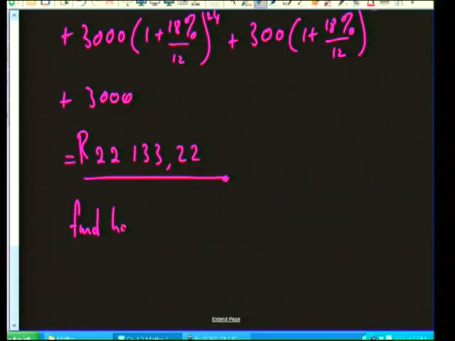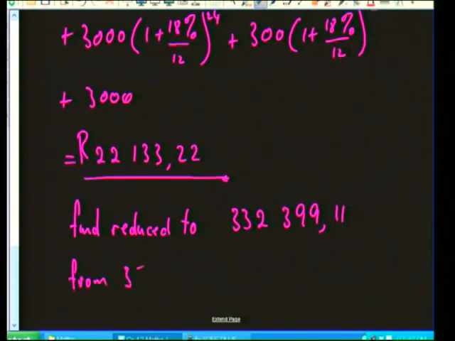So what has actually happened is our fund has reduced to 332,399 Rand and 11 cents, from what it was, 354,432 Rand and 33 cents. So there we have it.